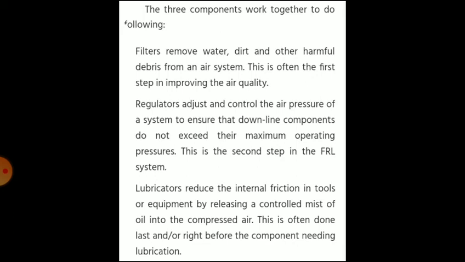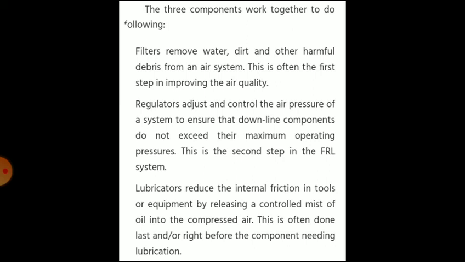The three components work together to do the following. The filter removes water, dirt, and other harmful debris from an air system. This is often the first step in improving the air quality. Then regulators adjust and control the air pressure of a system to ensure that downline components do not exceed their maximum operating pressures.